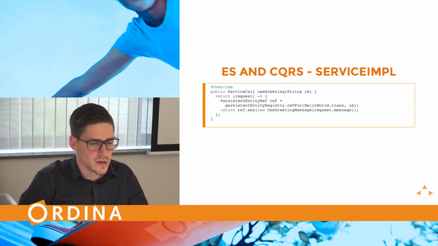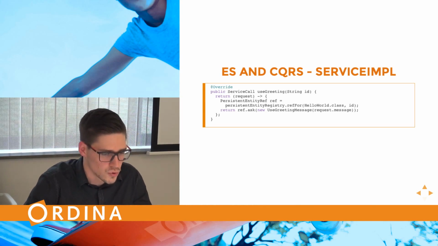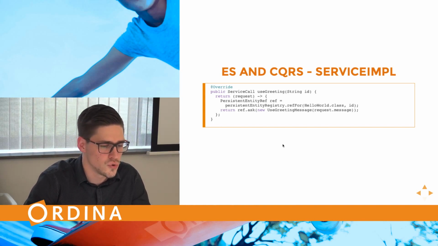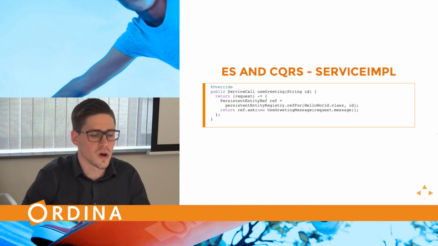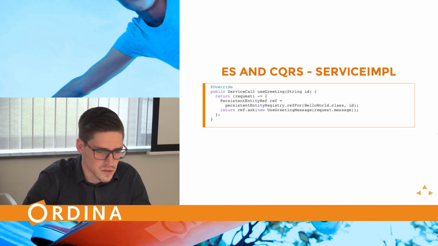And here we see how this gets implemented within your service implementation. In your service implementation, you are first of all injecting a persistent entity registry instance. This persistent entity registry can then be queried for looking up a reference for a certain persistent entity instance.